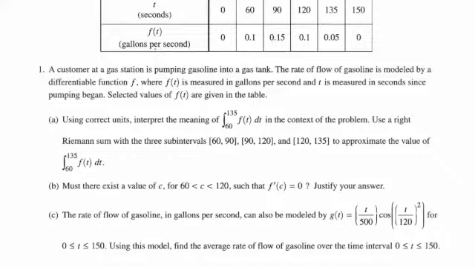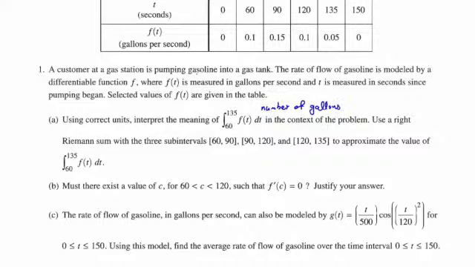Because f of t is gallons per second, when you take the integral, you can cancel the per second, because you have the integral of f of t dt, and you can say it is the number of gallons that you have from 60 to 135.